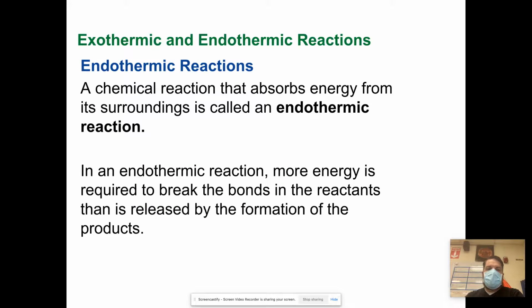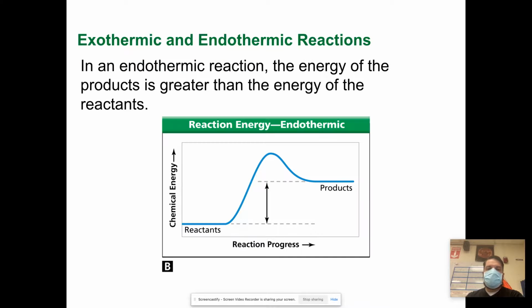Endothermic is the opposite. That's where you absorb energy. So a chemical reaction that absorbs energy from its surroundings is called endothermic. In an endothermic reaction, more energy is required to break the bonds in the reactants than is released by the formation of the products. So in an endothermic reaction, you have reactants here.